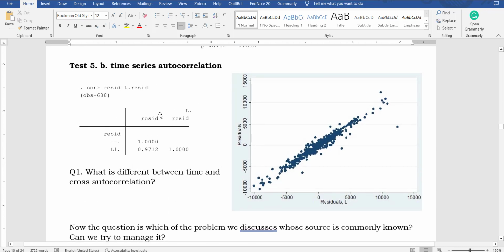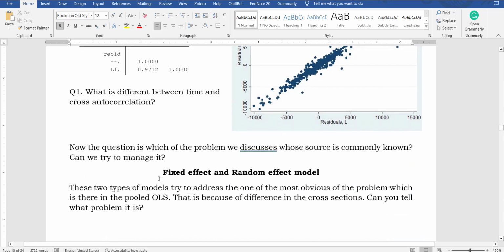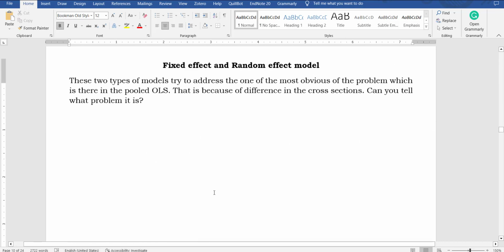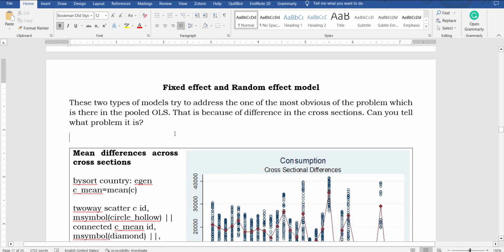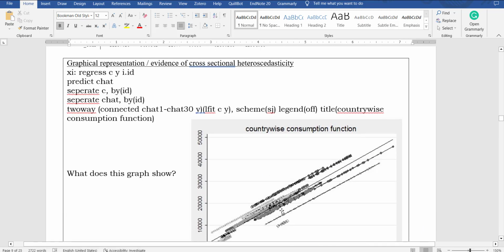Time autocorrelation looks for past effects, and cross section is actually the spatial effects or the spillover effects or cross section dependence. Then we go towards fixed and random effect models, which are first in line of solutions that people use. Why are we using them? Because we notice that first of all there is a problem of cross section hetero.